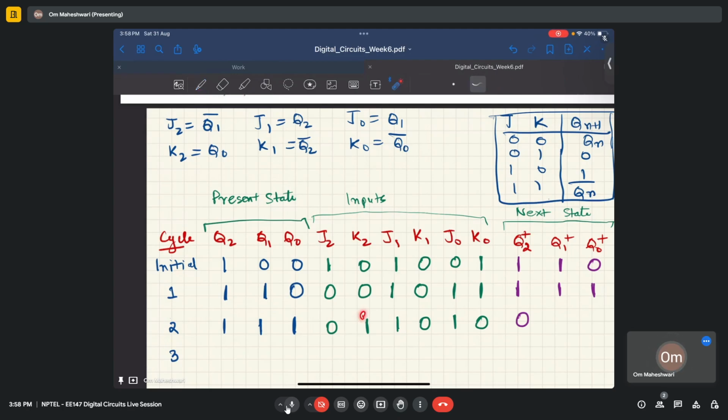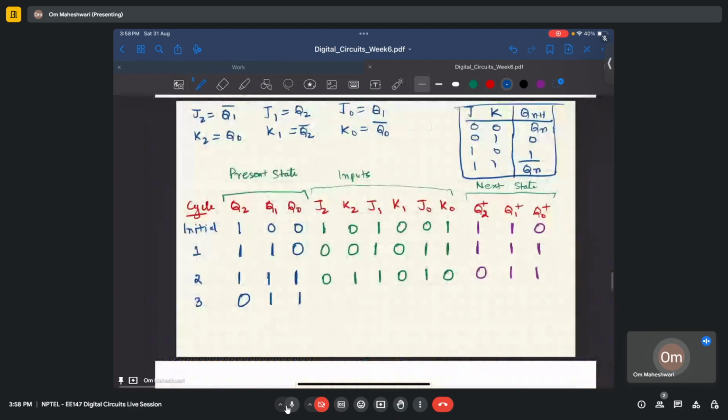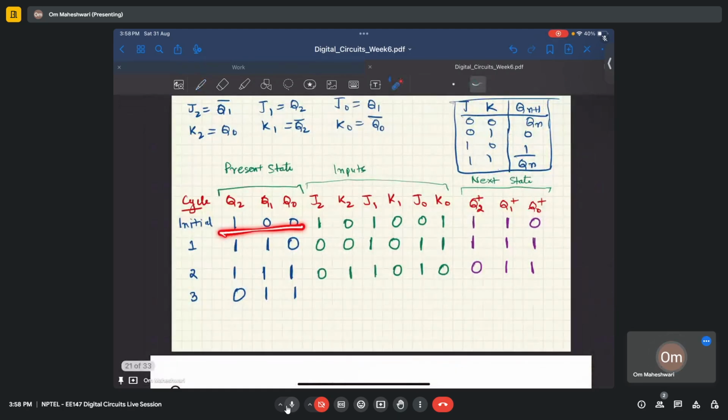In 1, 0, this will be 1. Again in 1, 0, this will be 1. So the next output is 0, 1, 1. So these are the next three outputs.